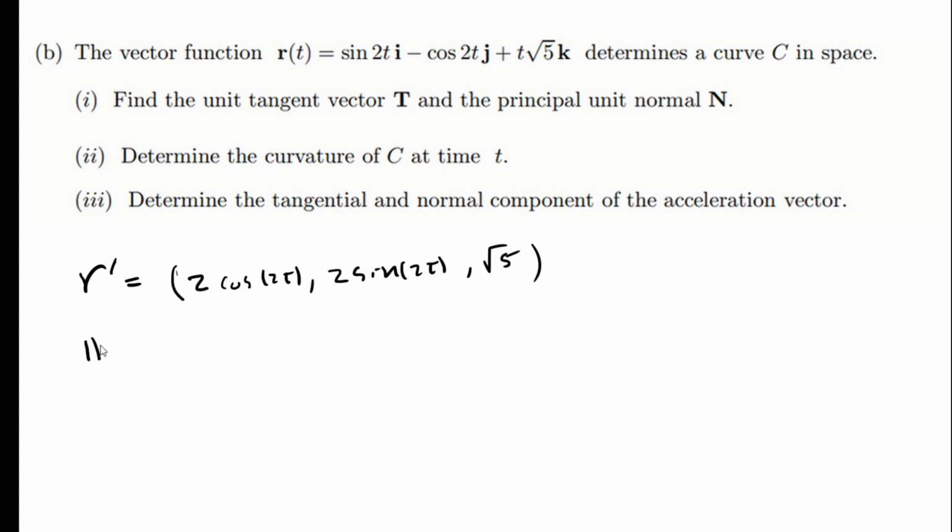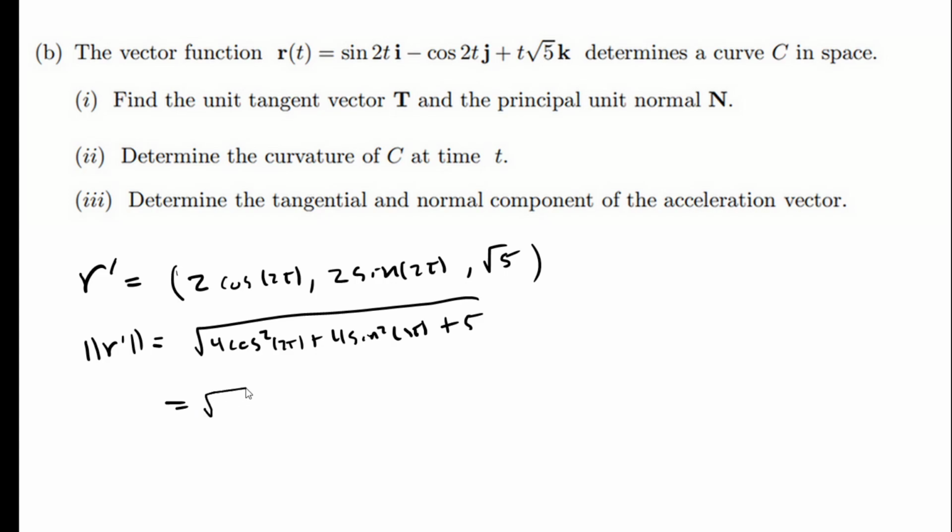So the norm of R prime is 4 cosine squared 2t plus 4 sine squared 2t plus 5 equals, cosine squared plus sine squared is 1, so this is 4 plus 5, it's just 3.